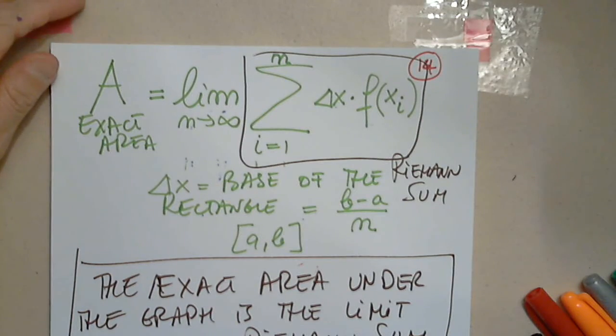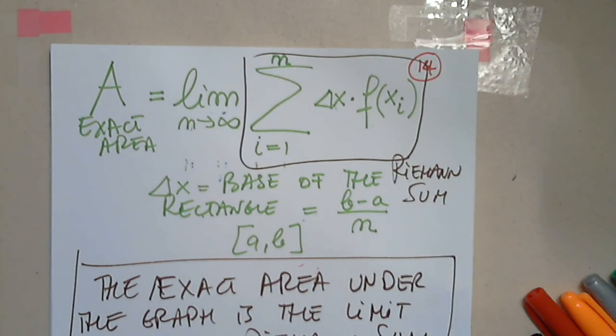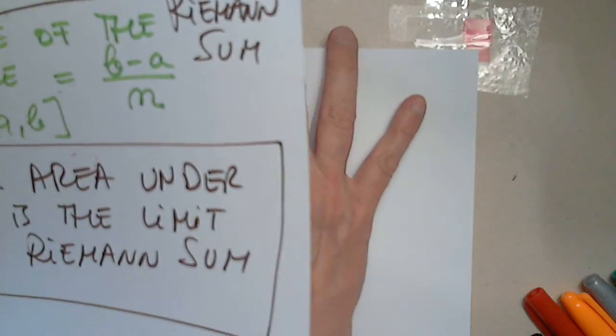The exact area under the graph will always be the limit of the Riemann sum. Okay.